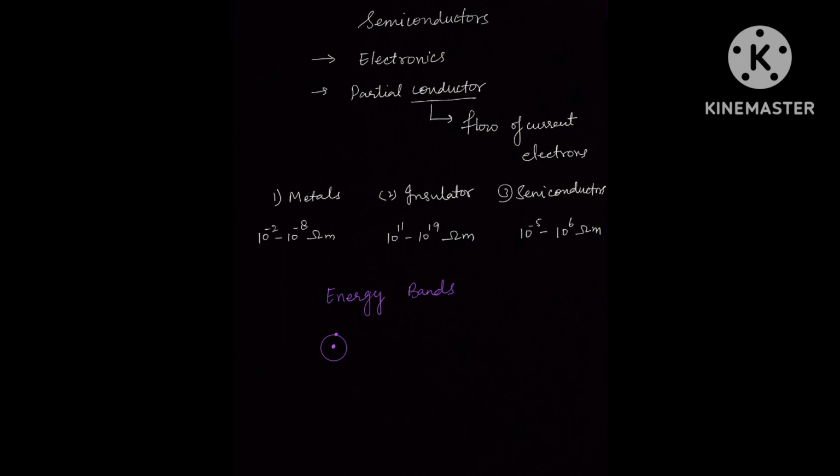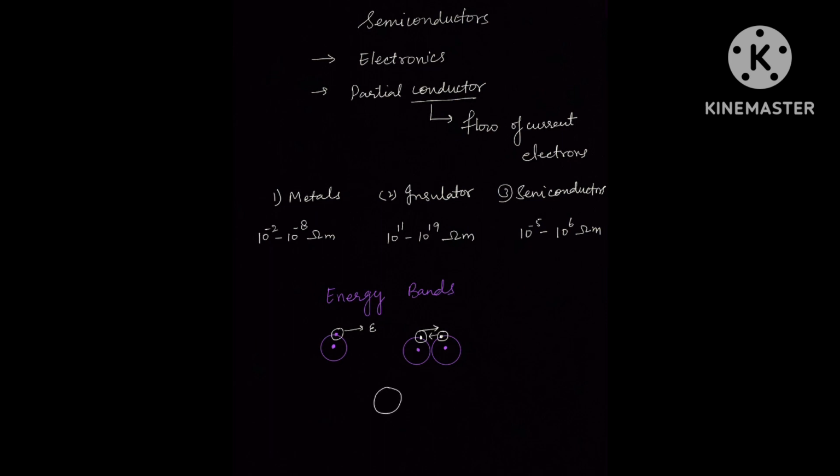This electron has its own energy, let's say E. And let's say this atom comes in contact with another atom with the same nucleus and valence electron. Now this electron will interact with this one and this electron will also interact with this. So now these electrons do not have the same energy as when alone with energy E. So their energies have changed.